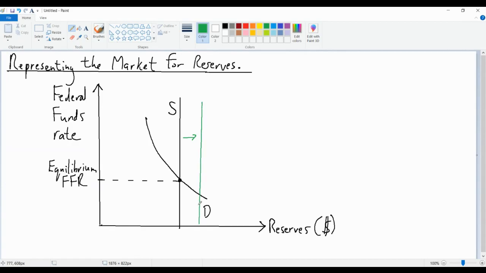That would shift the quantity of reserves to the right because there are more reserves, and that would lower the equilibrium federal funds rate. Or alternatively, if the Fed were to do the opposite and sell assets, it gets paid for with reserves. There are fewer reserves in the world. The supply of reserves shifts left, and the equilibrium federal funds rate would rise. So, open market operations are represented in this figure.